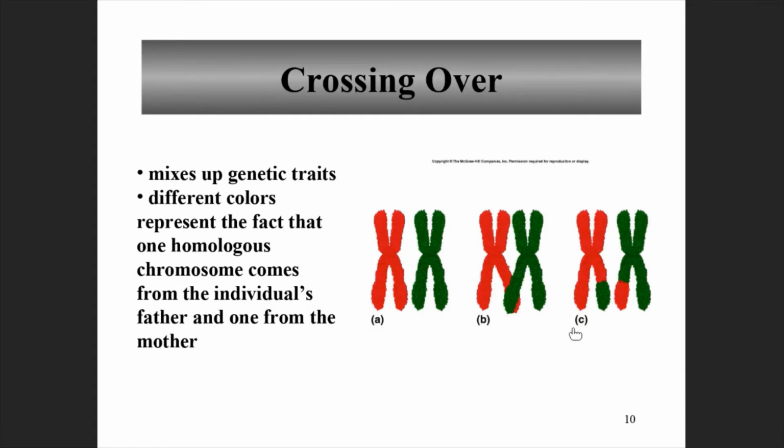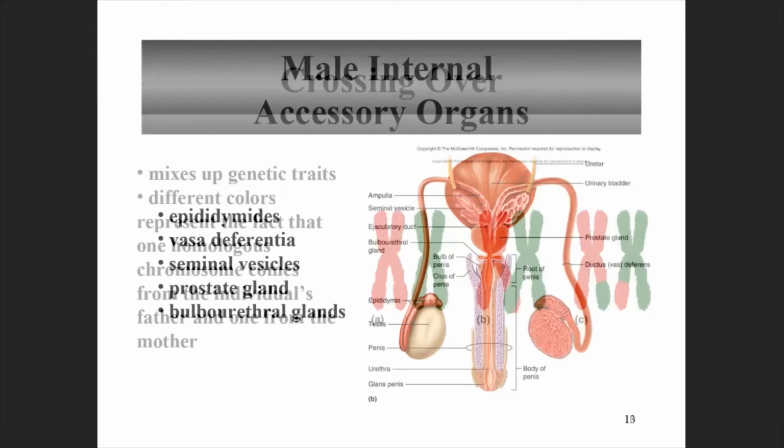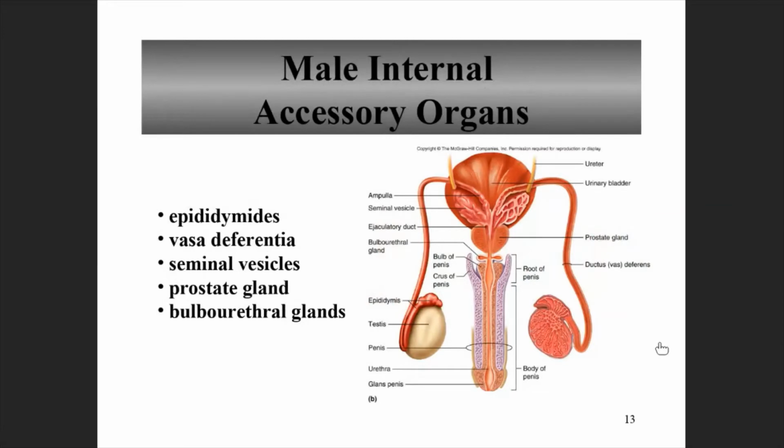Which accessory gland produces semen and fructose to nurture the sperm? Which accessory gland?